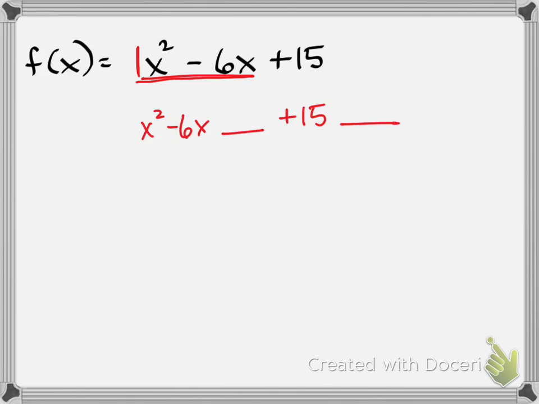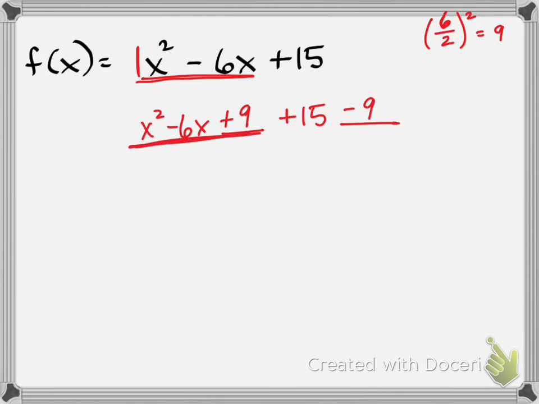What do we do to fill in the blanks? We do b over 2 squared. And that's a 6 there for me because our b is 6. 6 over 2 is 3, and 3 squared is 9. So we're going to add 9 in the first one, and we minus 9 in the second one, and it's always that way. We always add first and then subtract.